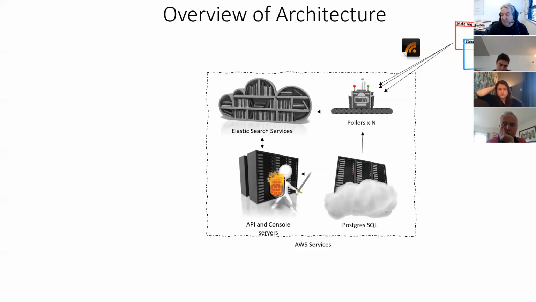What the poller then does, amongst other things, is put this feed item into Elasticsearch, into the feed items index, and it also then I'll click onto the next bit.